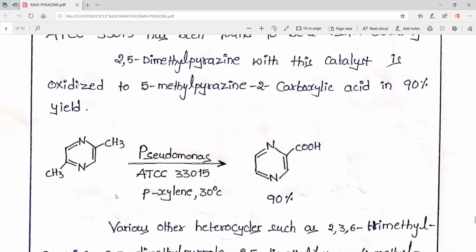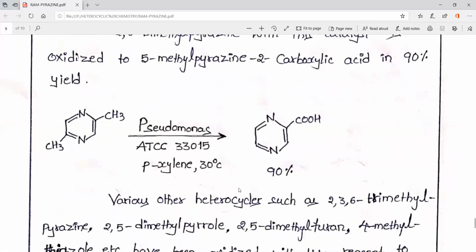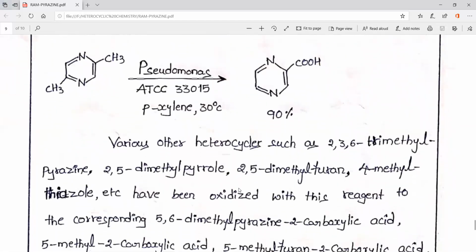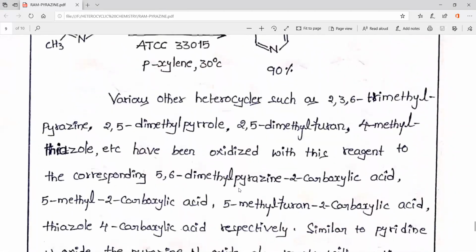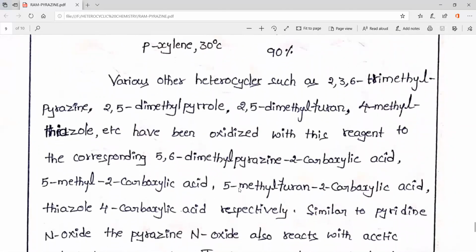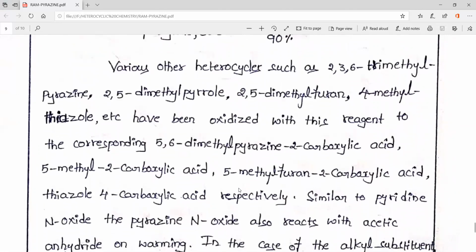So this is a dimethyl pyrazine undergoing oxidation when treated with Pseudomonas. These are other examples.